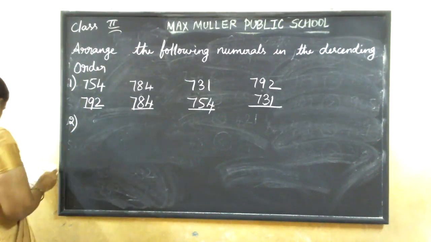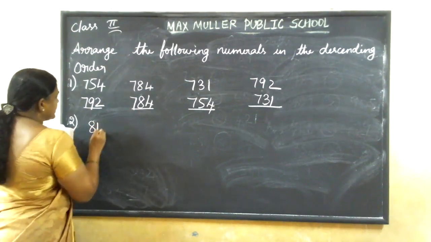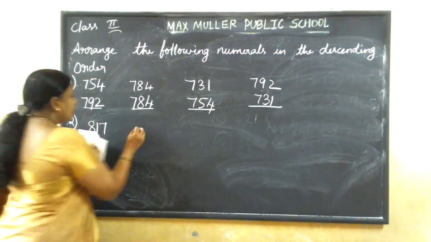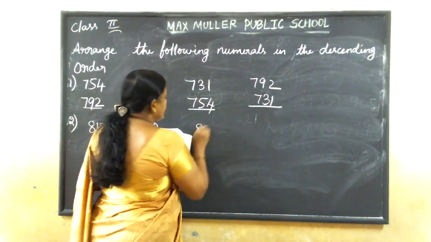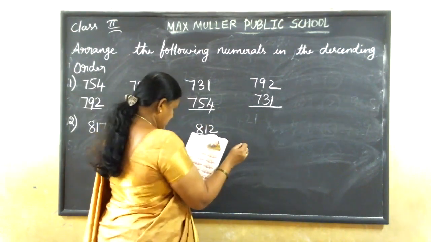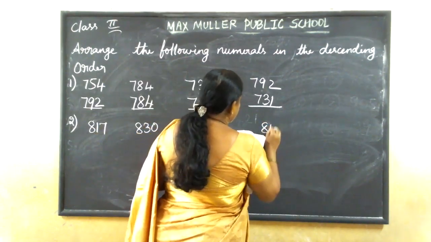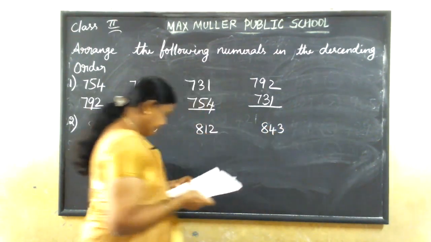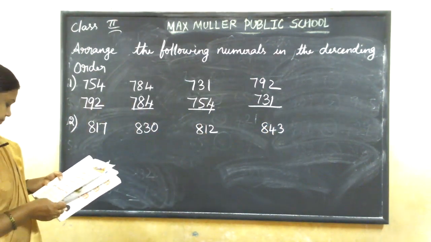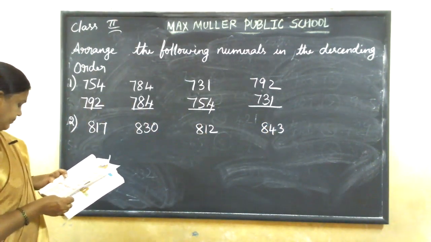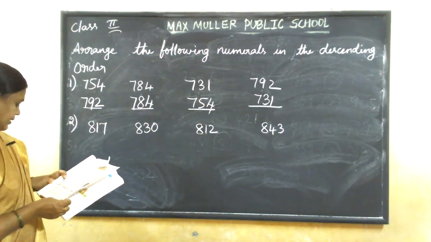Second one: 817, 830, 812, 843. Which one is the bigger number here?